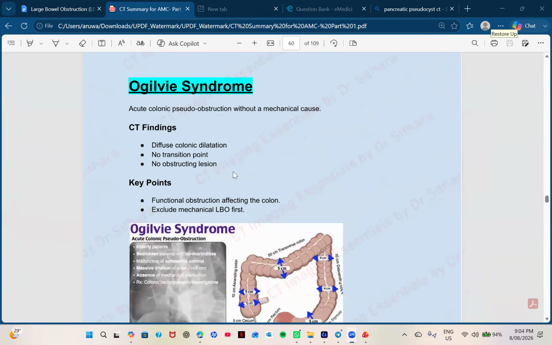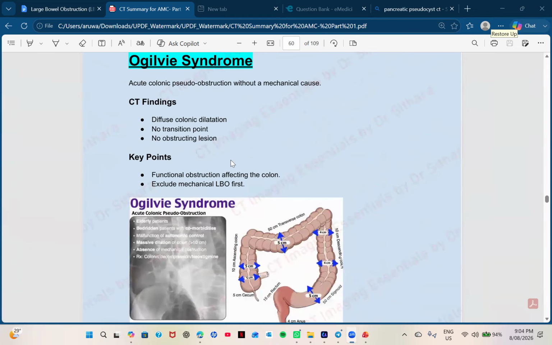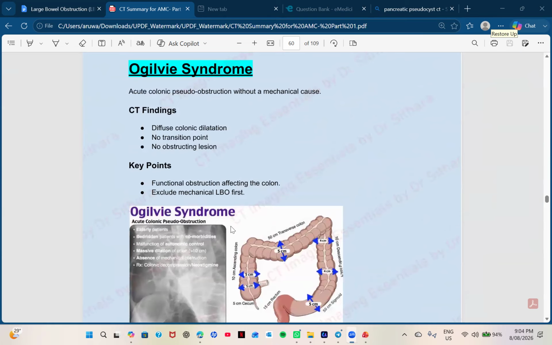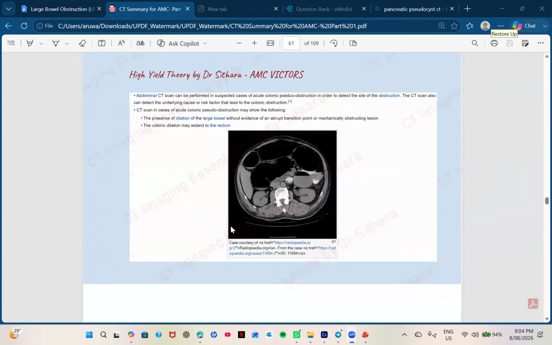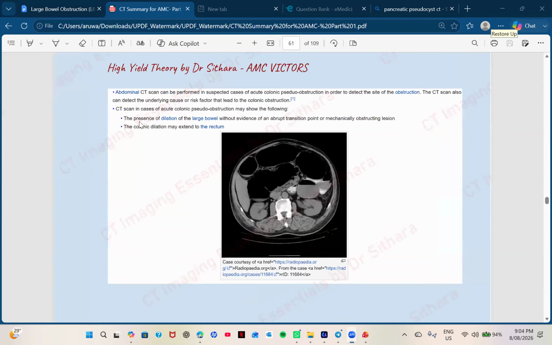So what you can see is diffuse colonic dilatation, no transition point, no obstructing lesion, especially in those elderly bedridden patients, right? So here you can see the large bowel dilation without any mechanical obstruction or lesion. Here, dilation of the large bowel without evidence of a transition point or mechanical obstructing lesion.